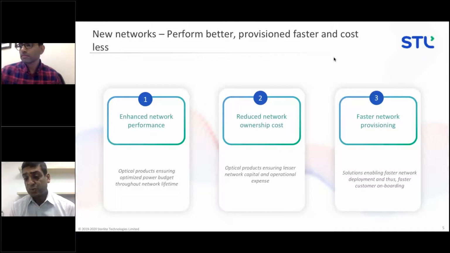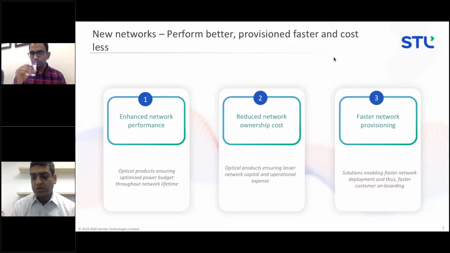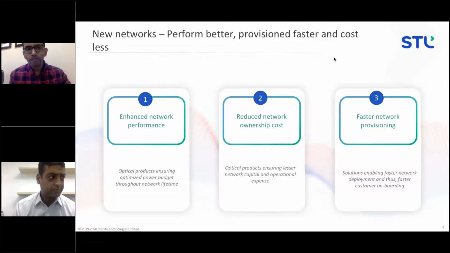And the last one, which is going to be critical as we roll out 5G and we lead to the fiberization, is that these networks need to be deployed at a very different rate with a much higher reliability during deployment. So let's take a closer look into every one of these, starting with the network performance.